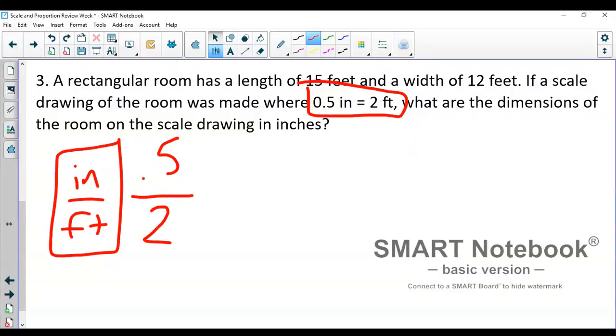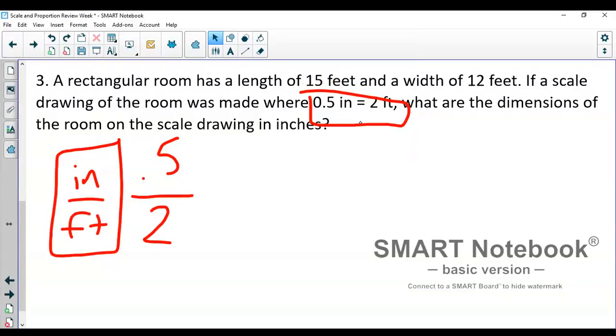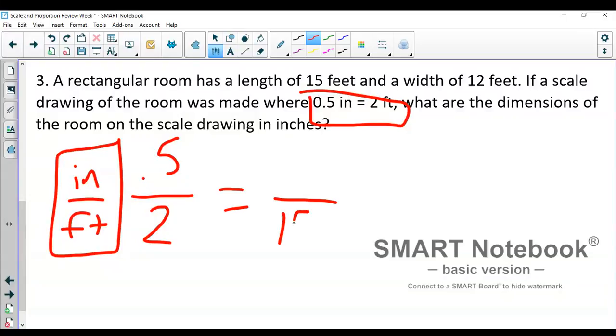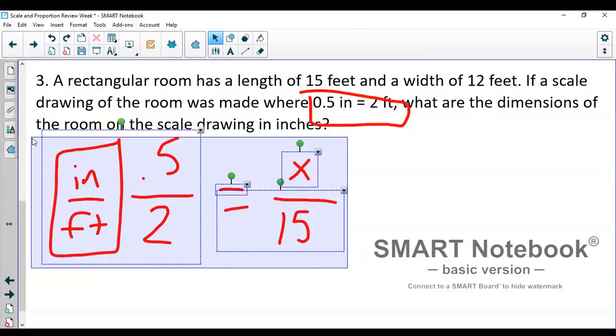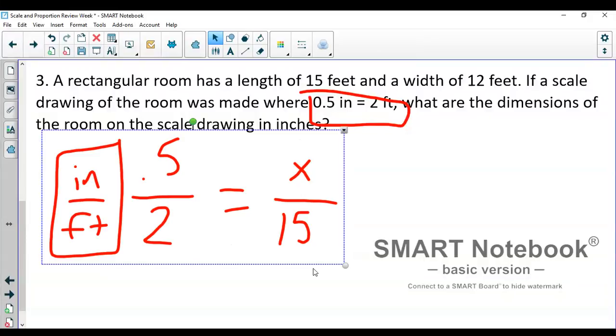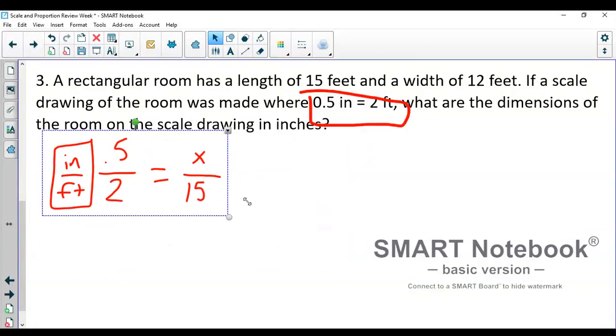Now, we have to do 2 different things here. We need to find the length and the width. So if it has a length of 15 feet, our unknown is inches. So we'll have to solve this problem right here, this proportion. We have to find that unknown amount in order to determine what the length is.